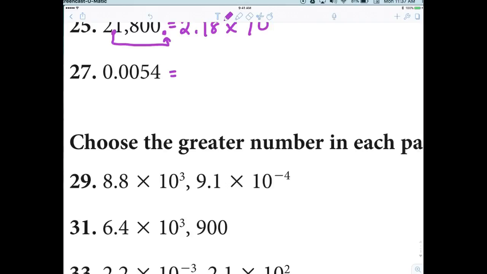It has to go to the next one, so it's going to go to the 5. So what number should I write down? You're going to write down 5 and then 4, times 10. It took 2 places to move. How many places did it move?